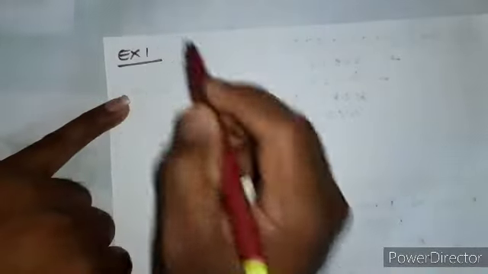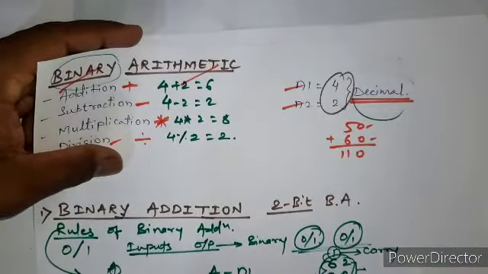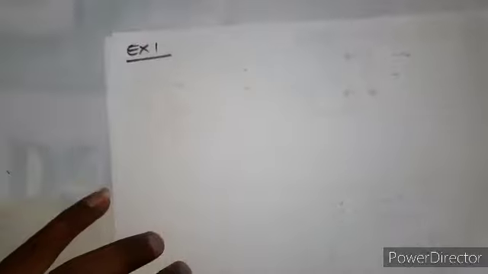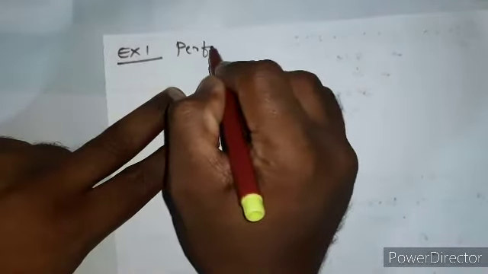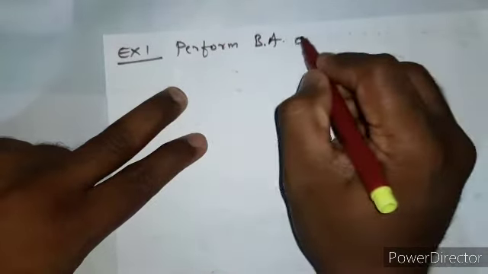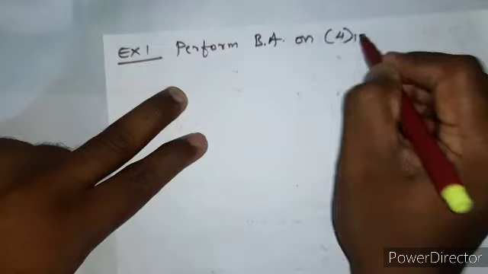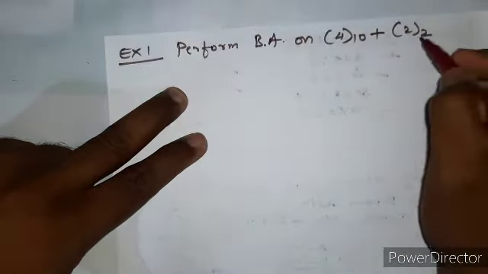Let us consider one example. Let us consider this example itself, 4 and 2. The question is, perform binary addition on 4 and 2. Sorry, this is 10.